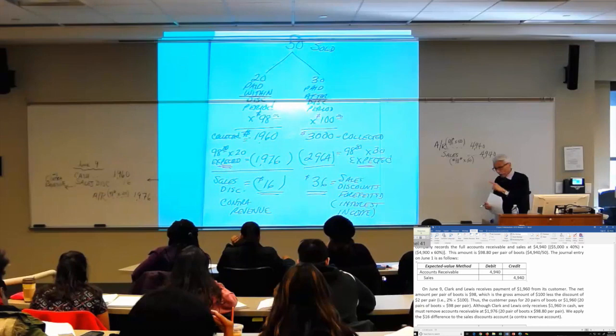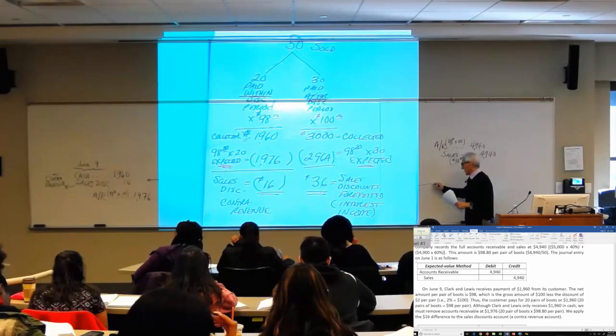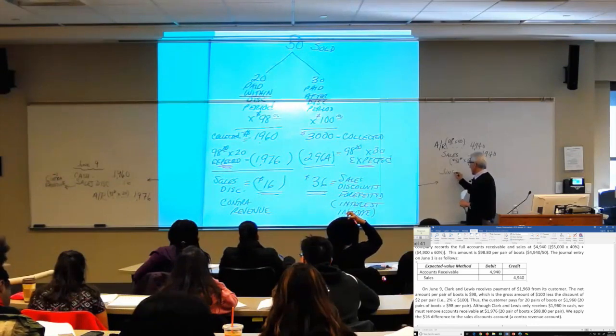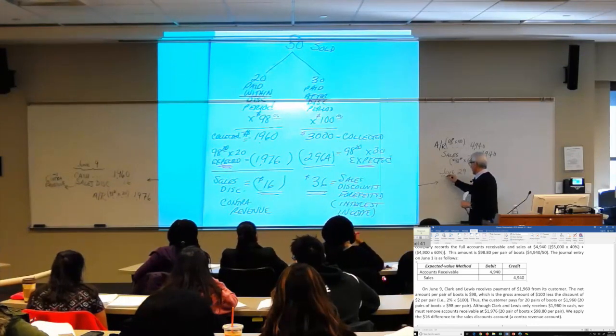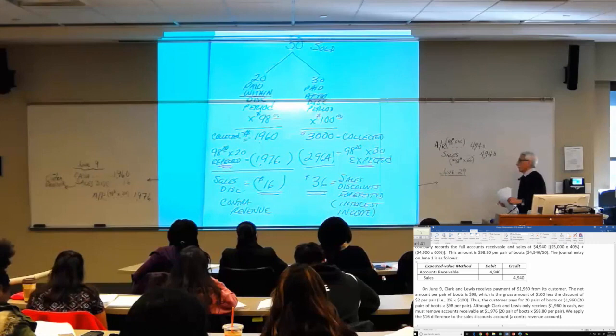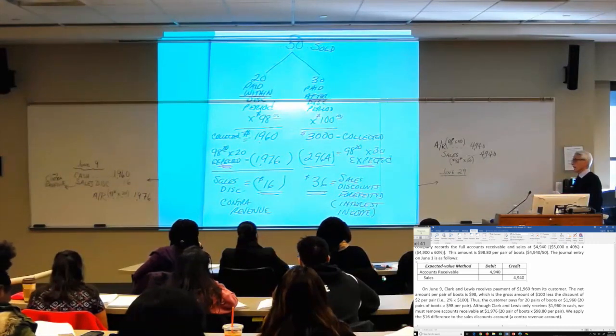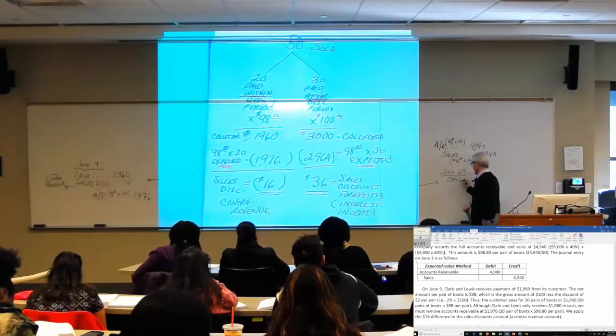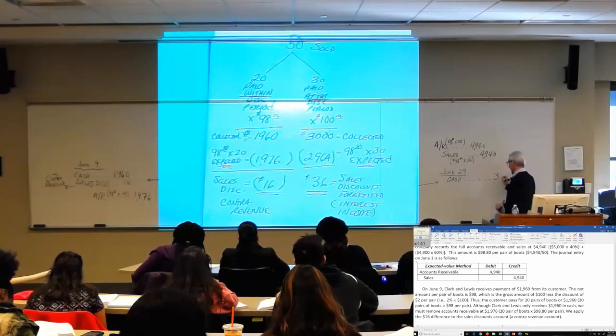All right, so now, what about this side of the transaction? On June 29th, you were paid after the discount period. So the cash collected is $3,000.